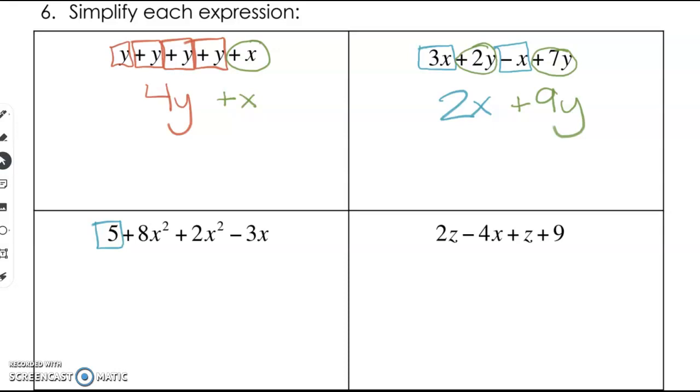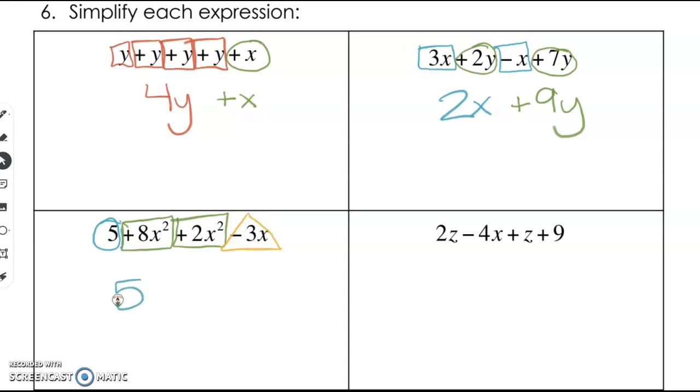I have an 8x squared. I also have a 2x squared. Whoops, let me change that to a different shape so it's easier for me to look for it later on. And I have a lonely 3x. So now I'm going to combine like terms, look for my circles, and all I have is my y.